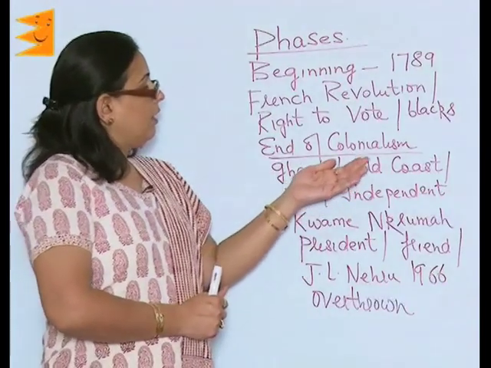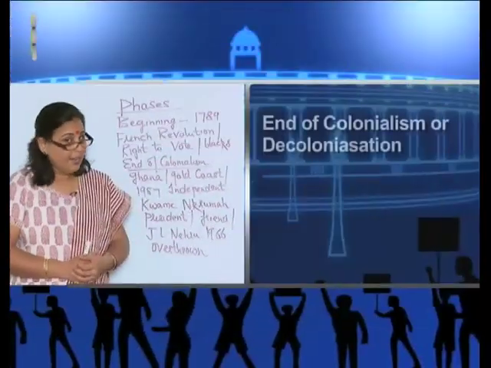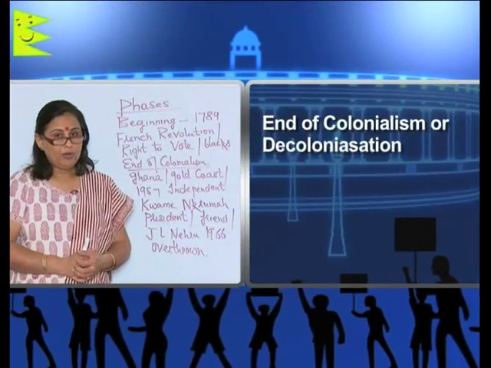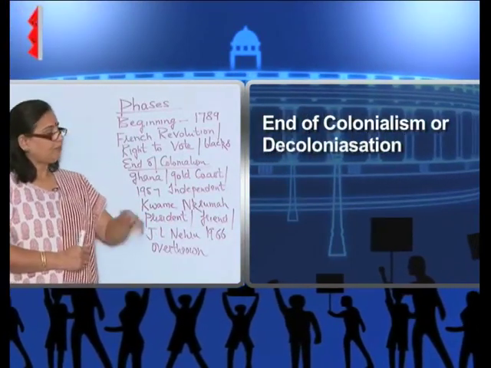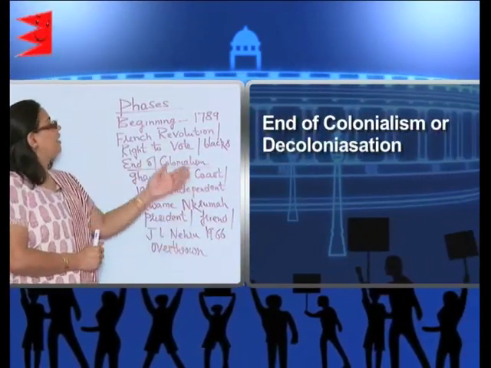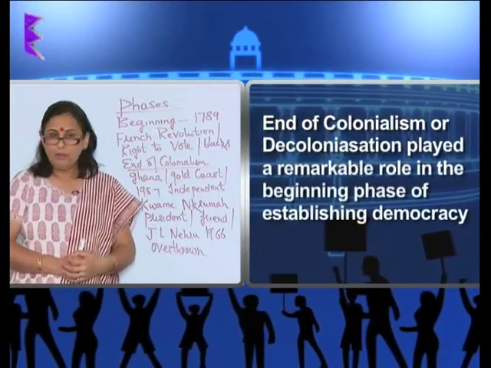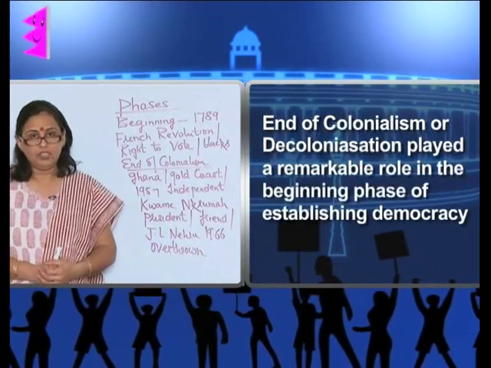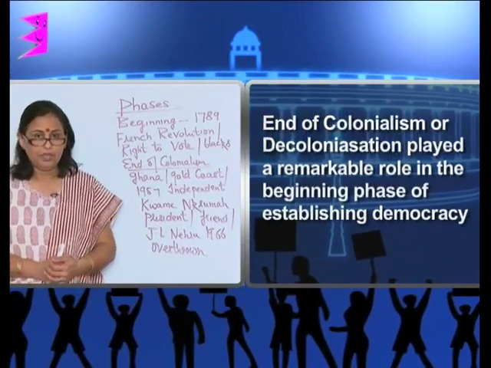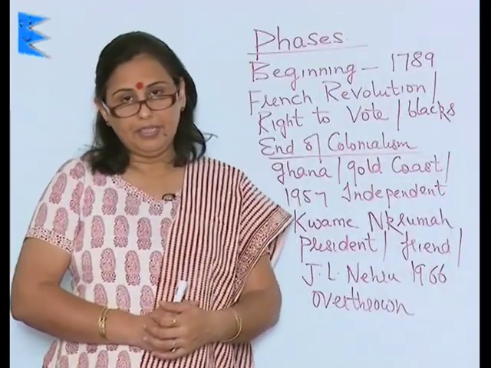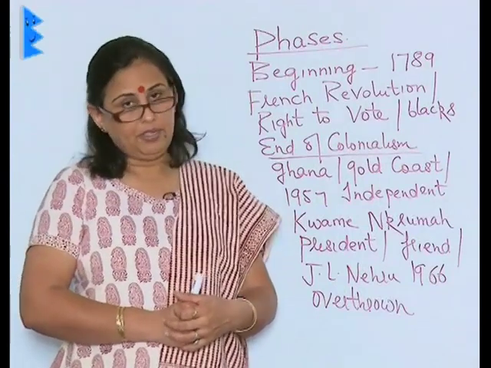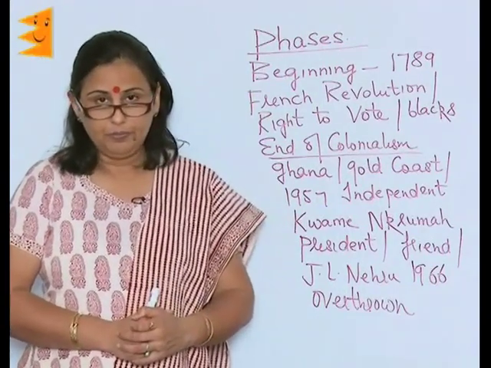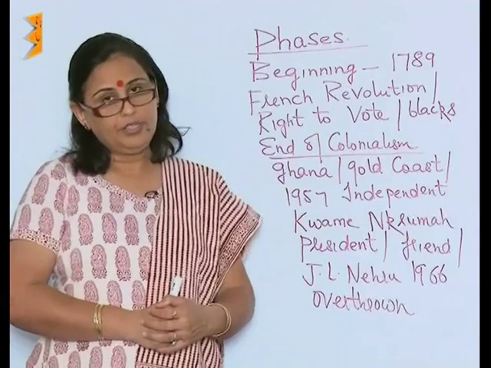Now, the end of colonialism or decolonization was another factor which played a remarkable role in the beginning phase of establishing democracy. When India got independence in the year 1947 from Britain, it was a glorious moment.